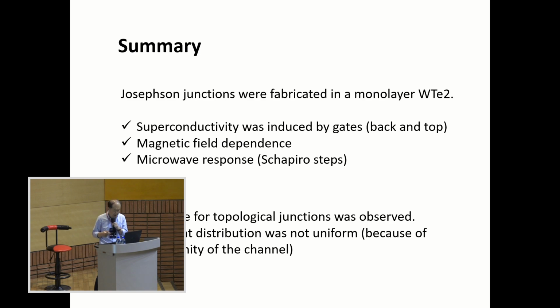Maybe there is some indication in the mercury telluride case, but we have to confirm it with more experiments because the device is not very reproducible. I mean, the fabrication is not easy, so only some devices are successful. So more experiments have to be done. Okay, so thank you very much for your kind attention.